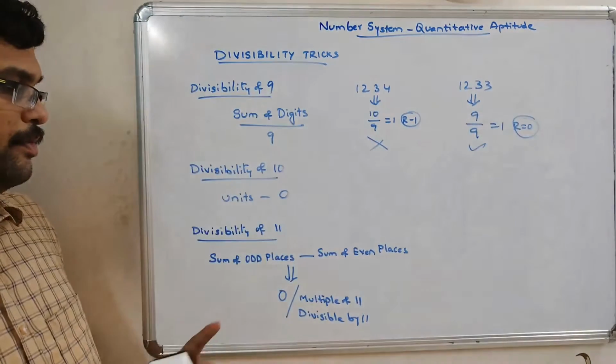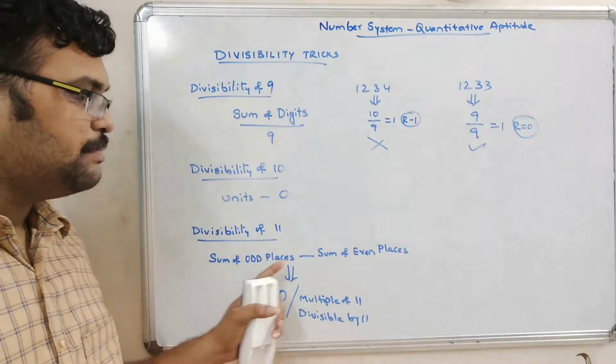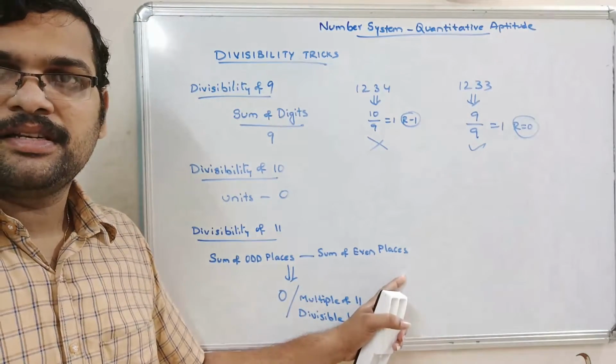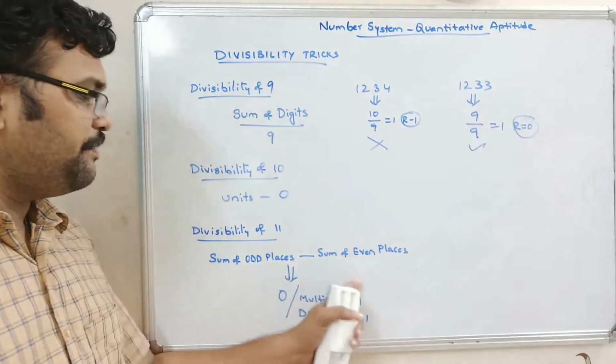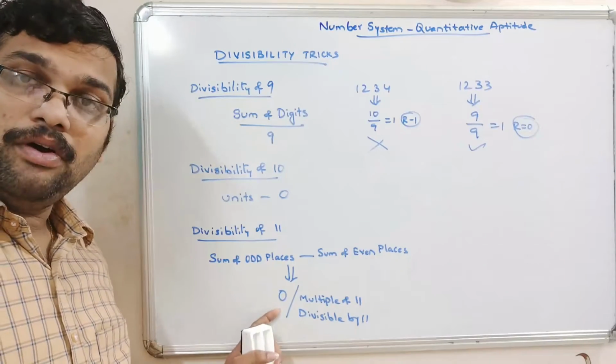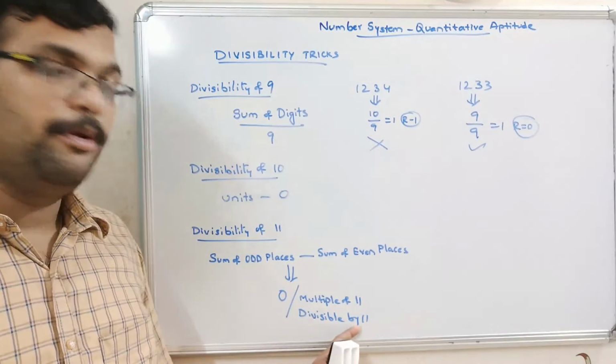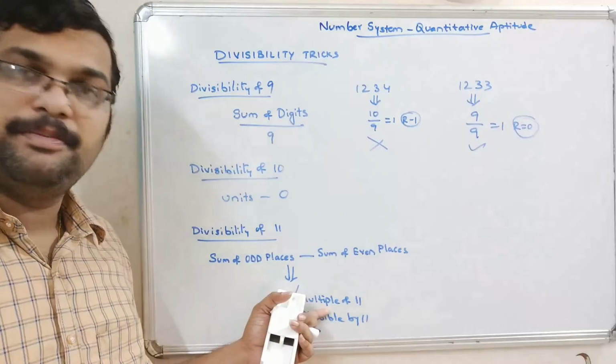So sum of odd places minus sum of even places, this difference should be either 0 or that number should be divisible by 11. That means it must be a multiple of 11.